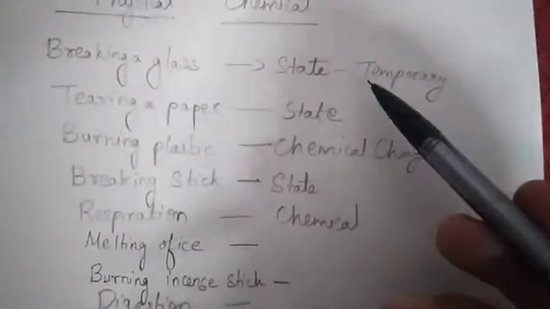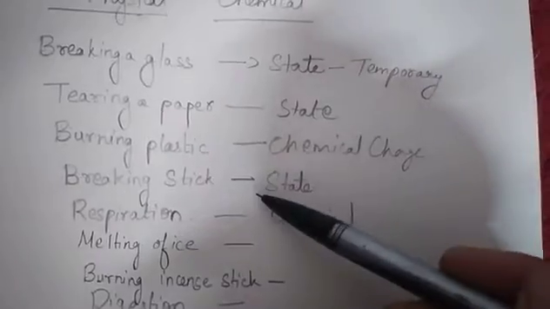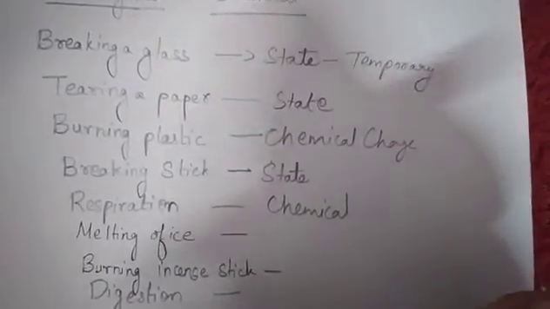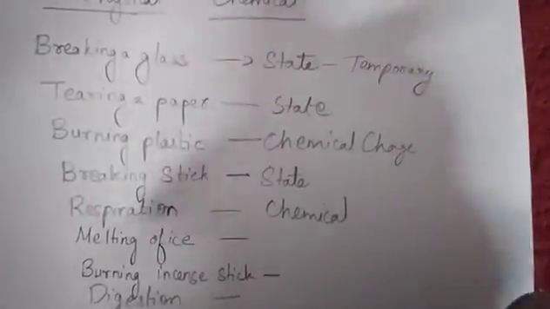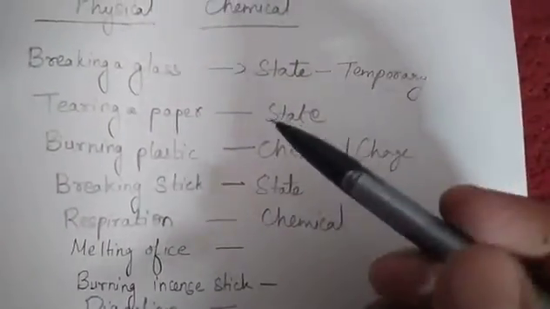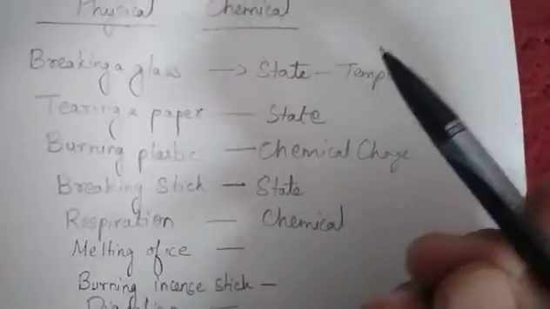Breaking a glass, tearing a paper, burning plastic, breaking a stick, respiration, melting of ice, burning an incense stick, digestion, and many more changes. When we break a glass, its state is changed, the solid changes into powder. Only the state is changed, so it is a temporary change.